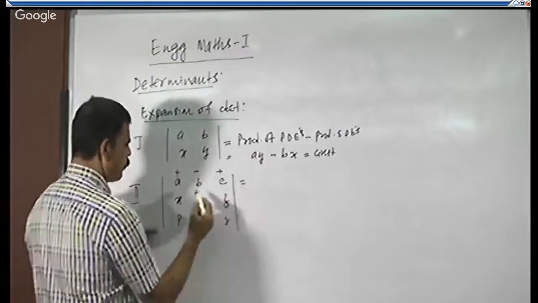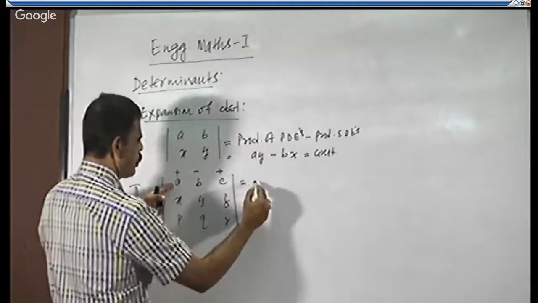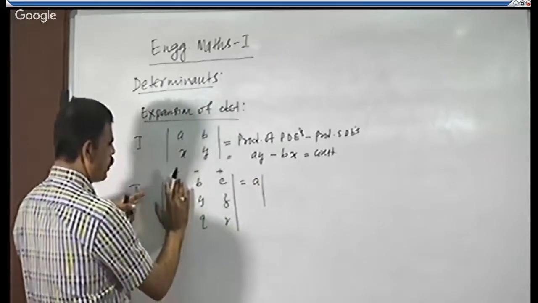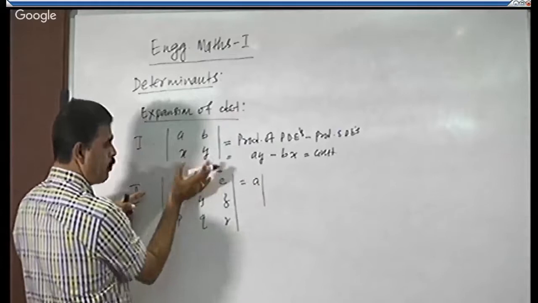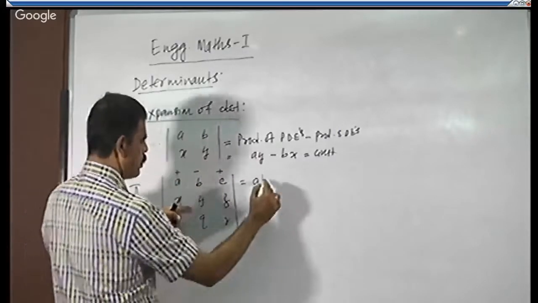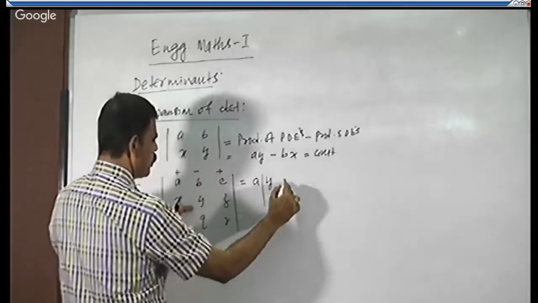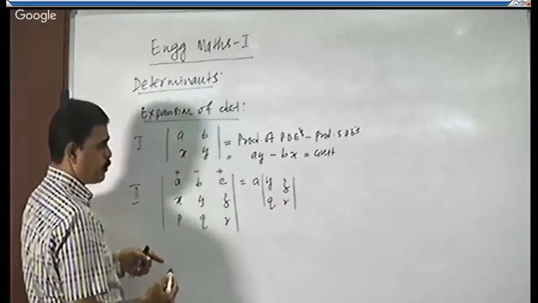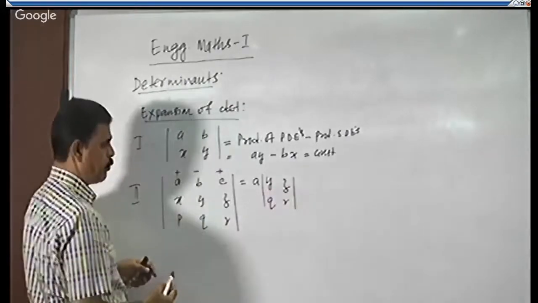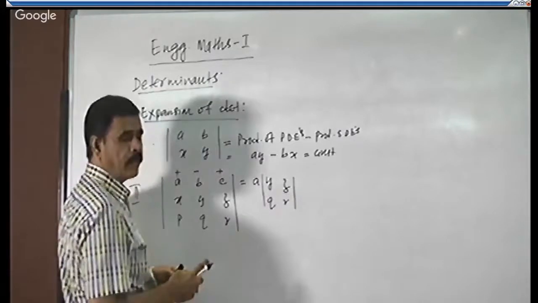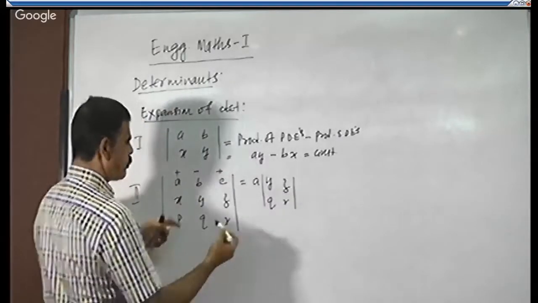The first element of the first row is a into, leave the corresponding column and row of that element, and the other elements are taken in the form of a determinant: y, z, q, r. Expansion of determinant is very important because it will be used in all the other chapters.